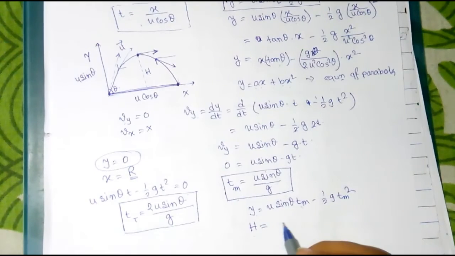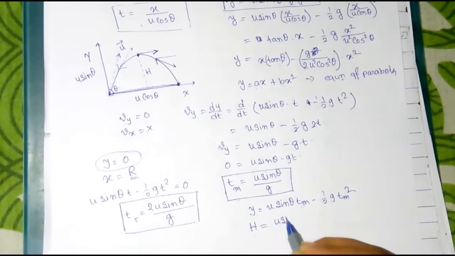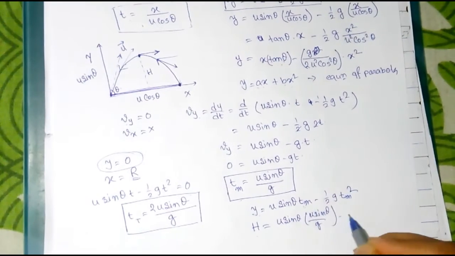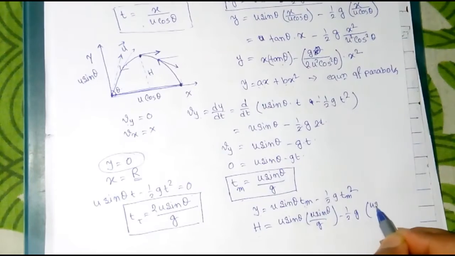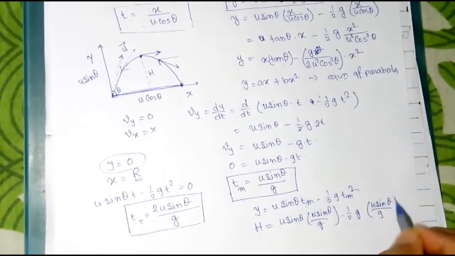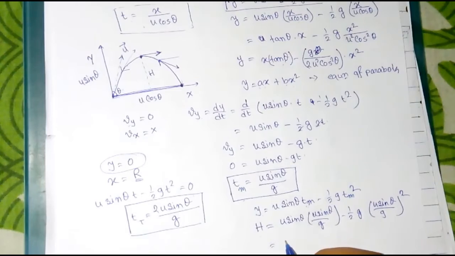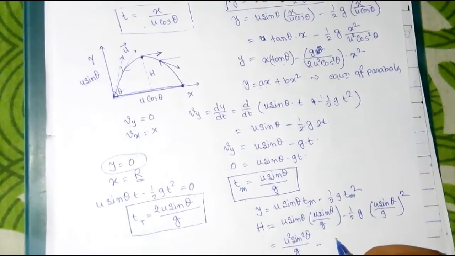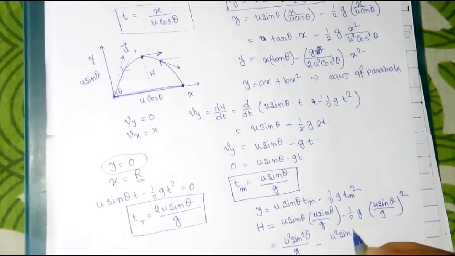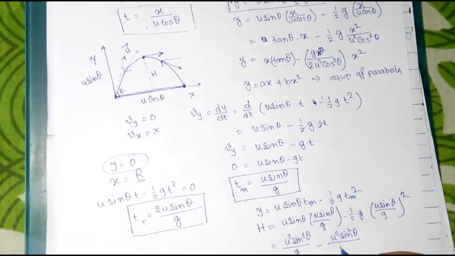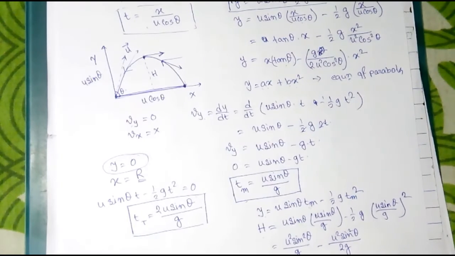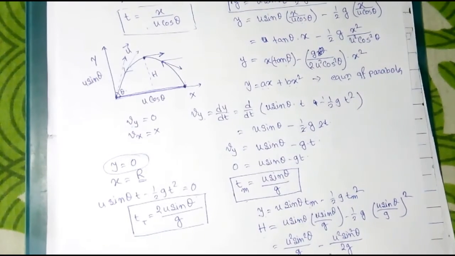Now if you put this value of tm, you will get u sin theta into u sin theta by g, minus half into g into the square of u sin theta by g. That gives u square sin square theta divided by g minus u square sin square theta divided by 2g, and it will come u square sin square theta divided by 2g.